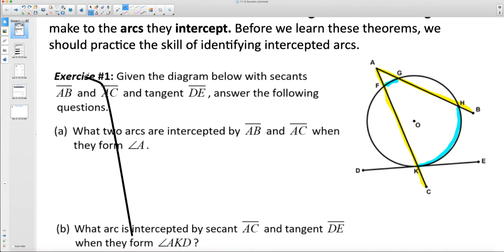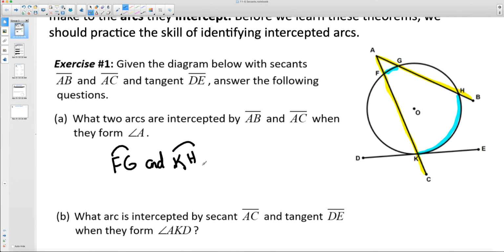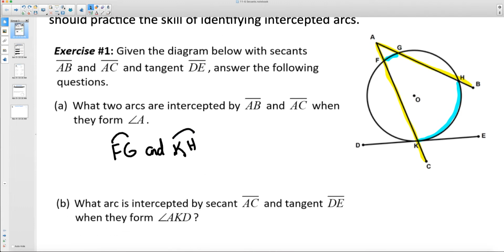So that would be arc FG and arc KH. Second part says what arc is intercepted by secant AC and tangent DE when it creates angle AKD.